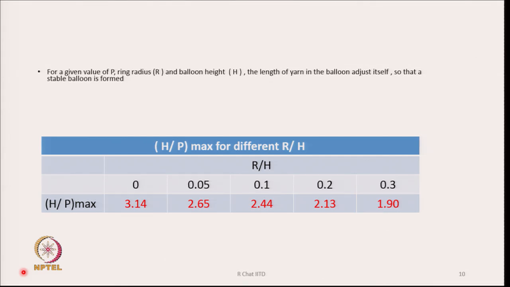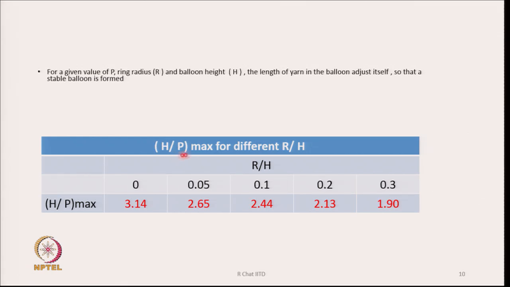The balloon will automatically adjust its shape or length, so that the right tension is generated and we get the right value of p, so that the balloon does not collapse easily.